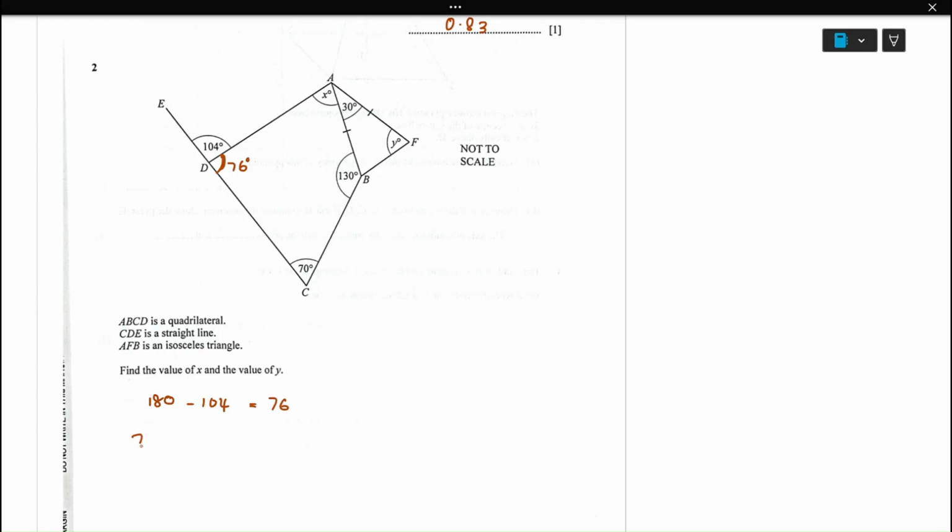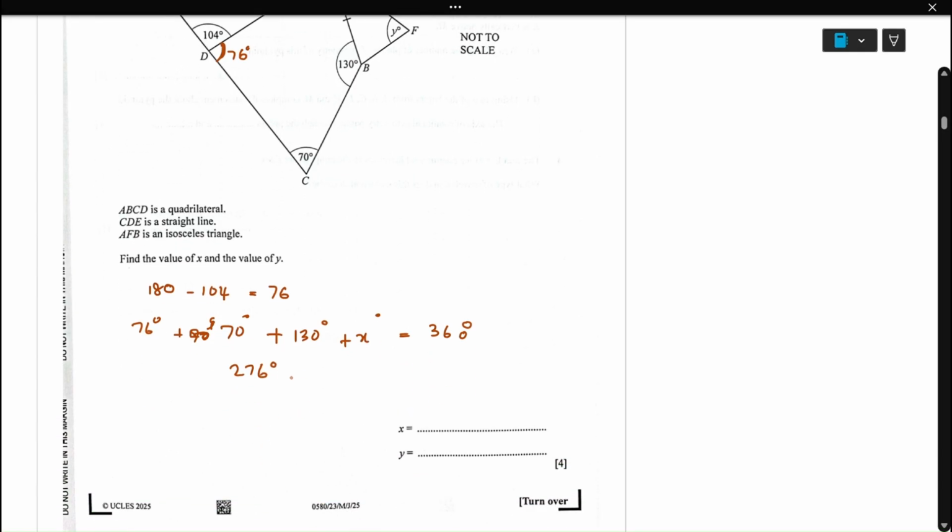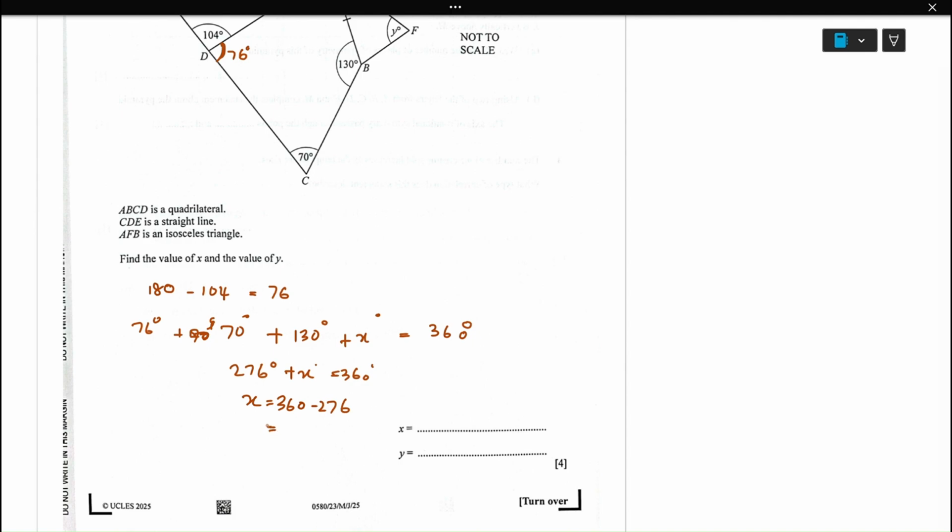So 76 degrees plus 70 degrees plus 130 degrees plus x degrees is going to be 360 degrees, when we add up all four angles. 70 plus 130 is 200, plus 76 is 276 degrees, plus x equals 360 degrees. So x equals 360 minus 276, which is 84 degrees. So x is going to be 84 degrees.